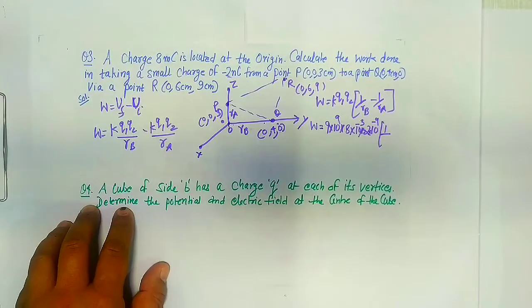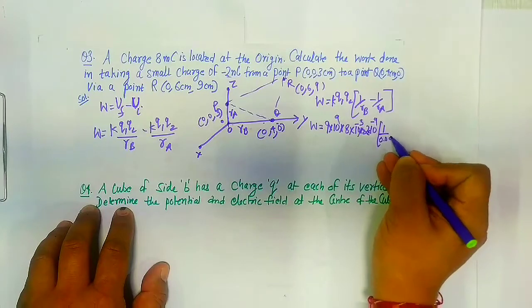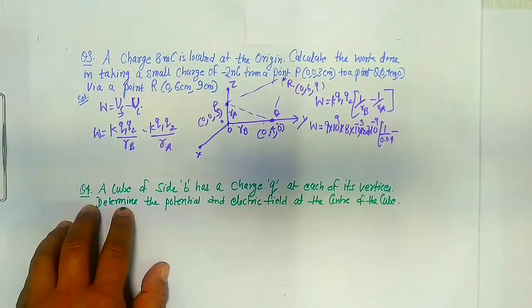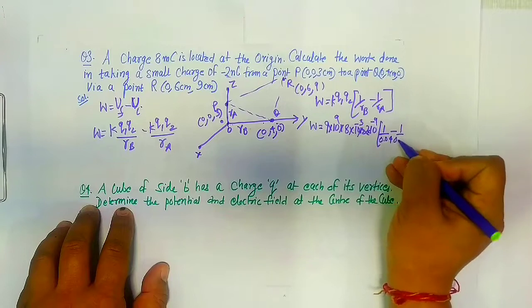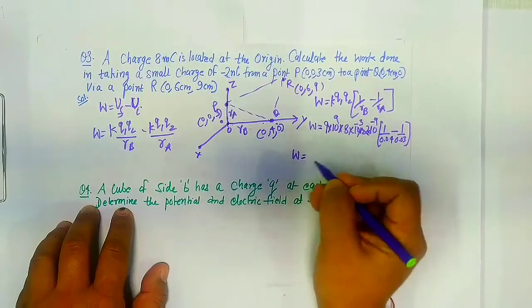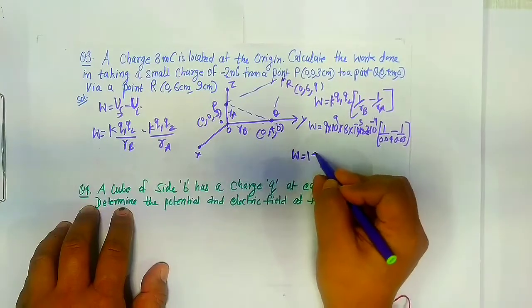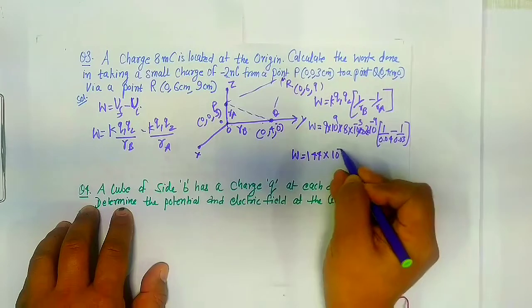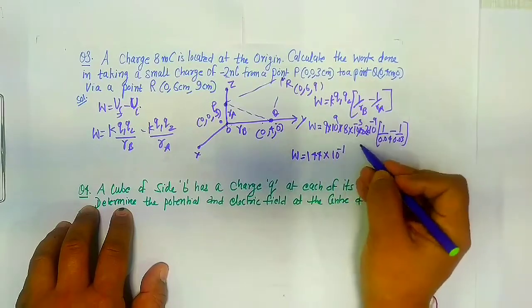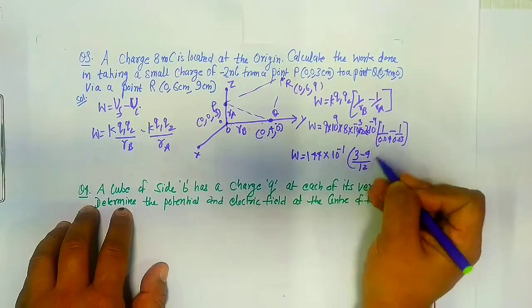RB is 4 centimeter, so 0.04, and RA is 3 centimeter, so 0.03. So solve it out. If you solve it out, it becomes 144 into 10 to the power minus 1, and in bracket it becomes 3 minus 4 by 12.